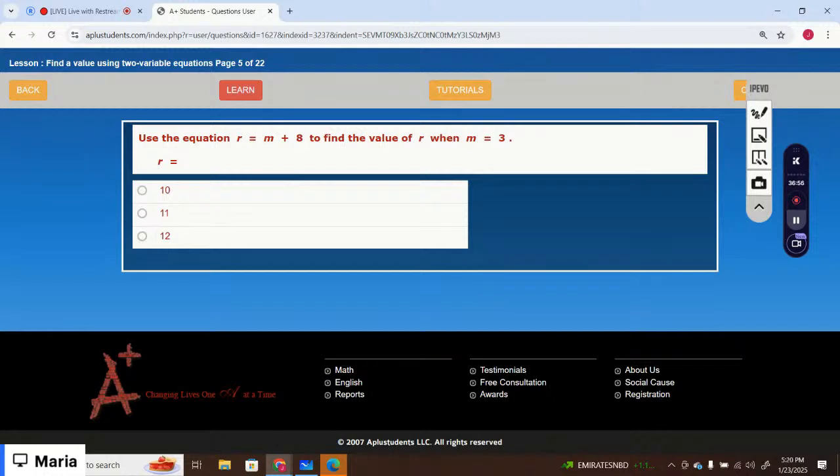Use the equation r equals m plus 8 to find the value of r when m equals 8. So which is the correct option?